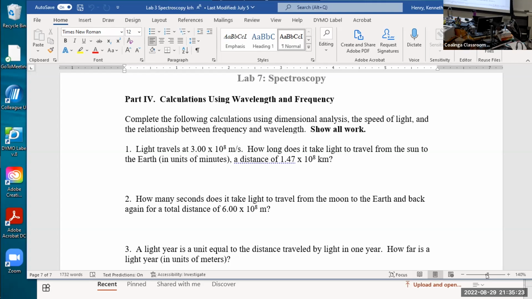Okay, so what are the units that I want to end up with? Miles? How long does it take? Okay, so it says in units of minutes, so we want what?